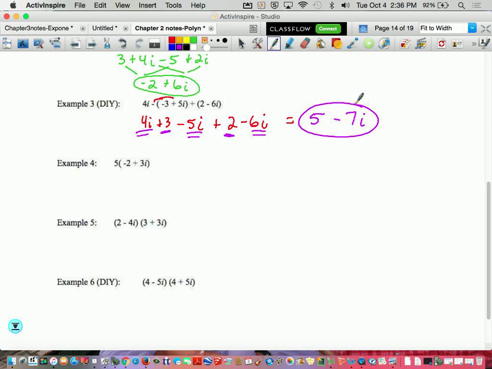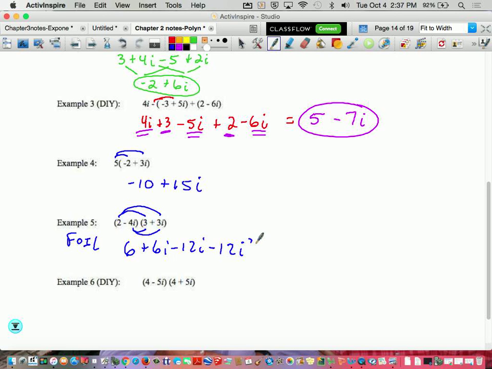If you go to multiply, nothing really changes, just distribute: -10 plus 15i. Here you can FOIL or use a box method. So 2 times 3 is 6, 2 times 3i is 6i, -4i times 3 is -12i, and -4i times 3i is -12i squared.